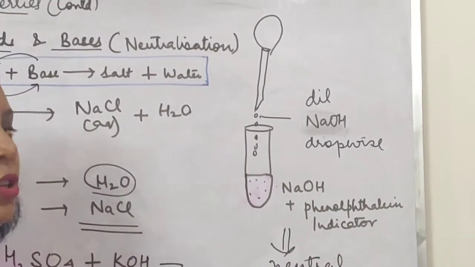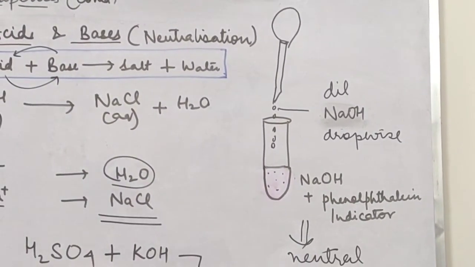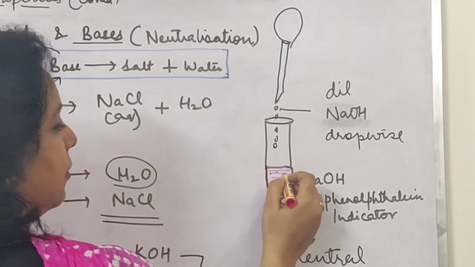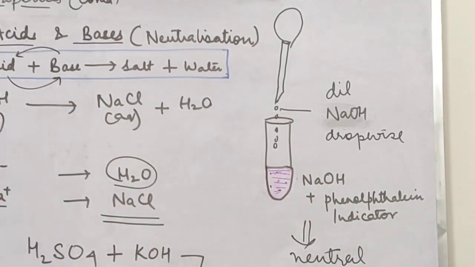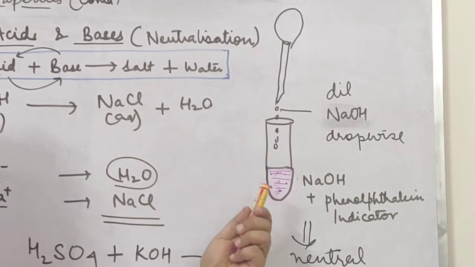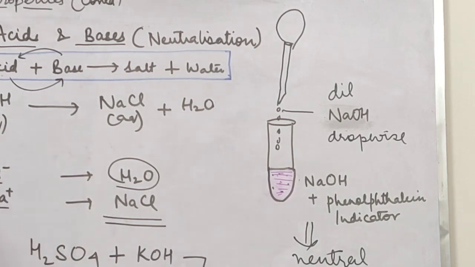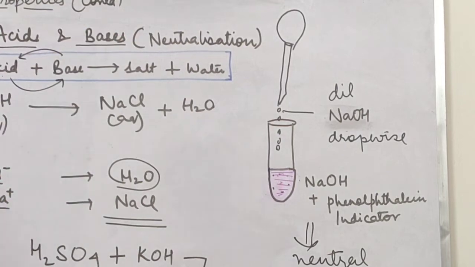And this was neutral. So what is going to happen? Yes, you are right. Again, pink color will be resumed. Why? Because now the solution has become basic once again. So children, this is a classic example of acid-base neutralization.